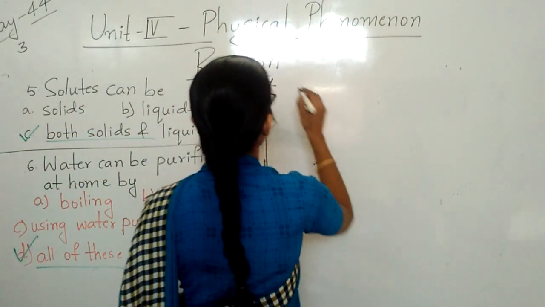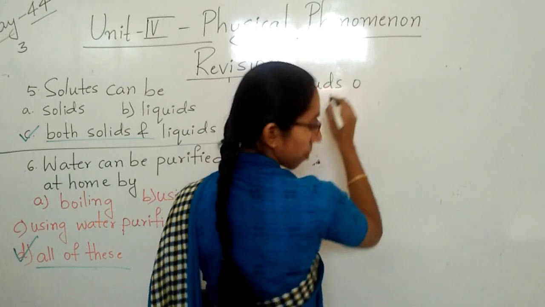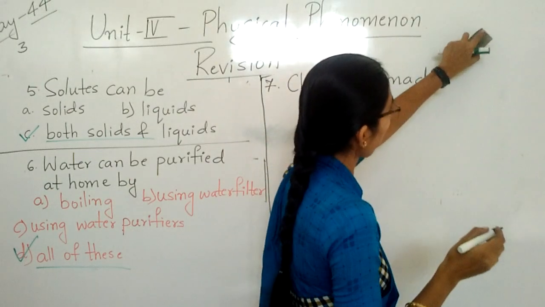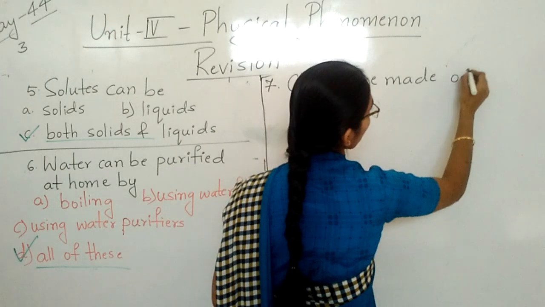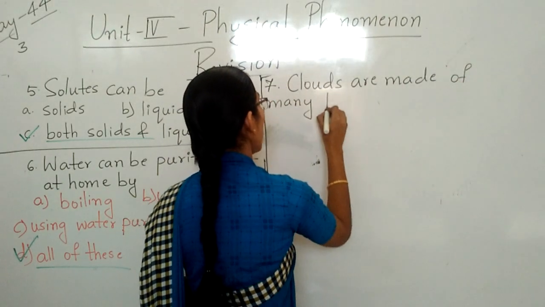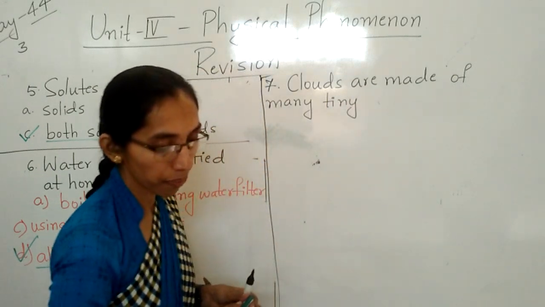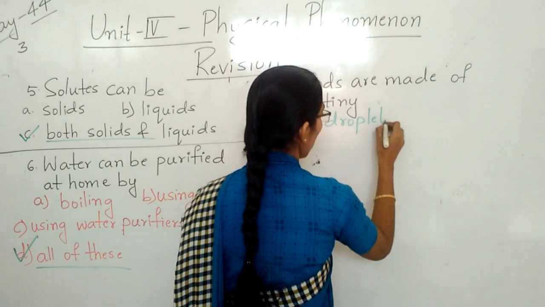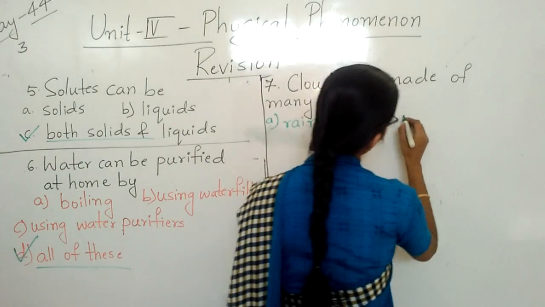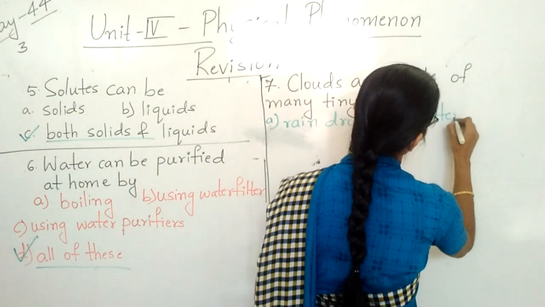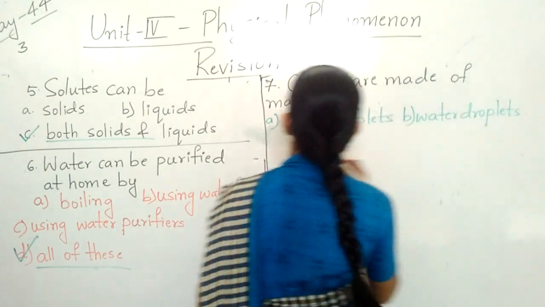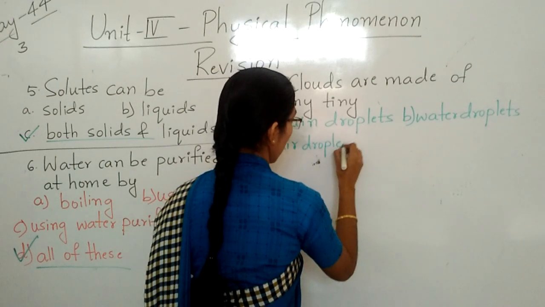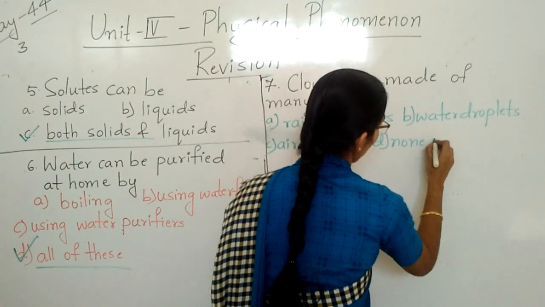Clouds are made of many tiny, we'll see the options: A, rain droplets, B, water droplets, C, air droplets, D, none of these.